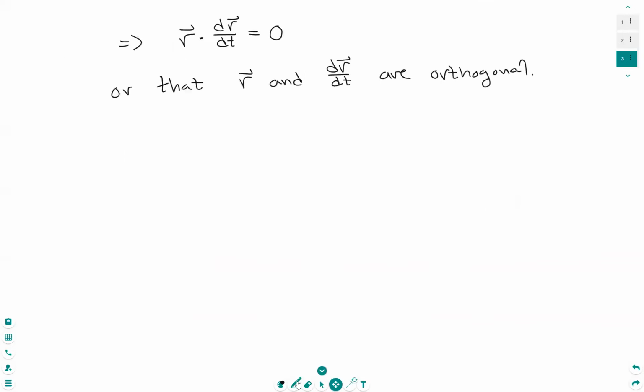Okay, so that brings us to some integrals. We've talked about derivatives. Let's look at some integrals.